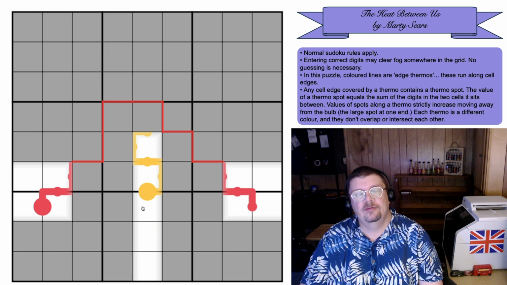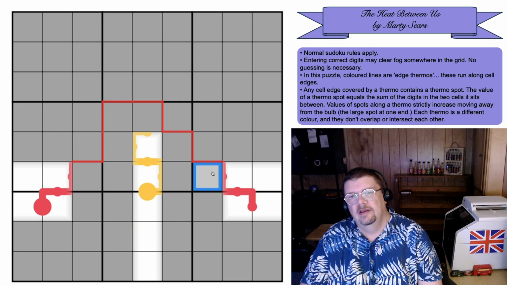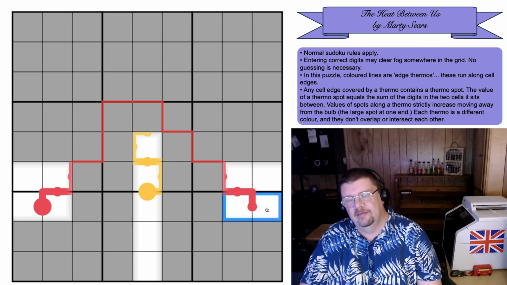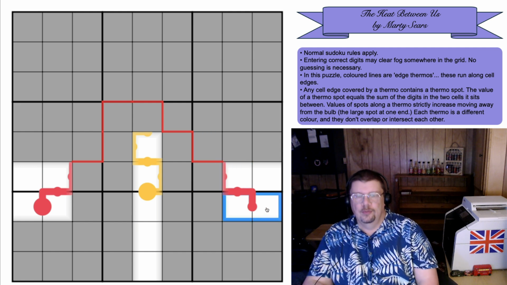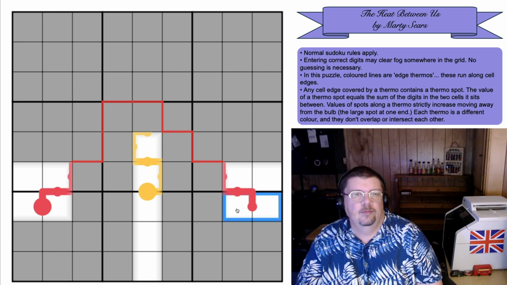Now, the smallest value that a dot can have is going to be 1 and 2 to make 3, a 1-2 pair. So if that were 3, that could be 4, that could then be 5, that could be 6, 7, 8, 9, 10, 11, 12, 13, 14, 15, 16, and 17. And that is awesome because 17 is the highest that we can make.